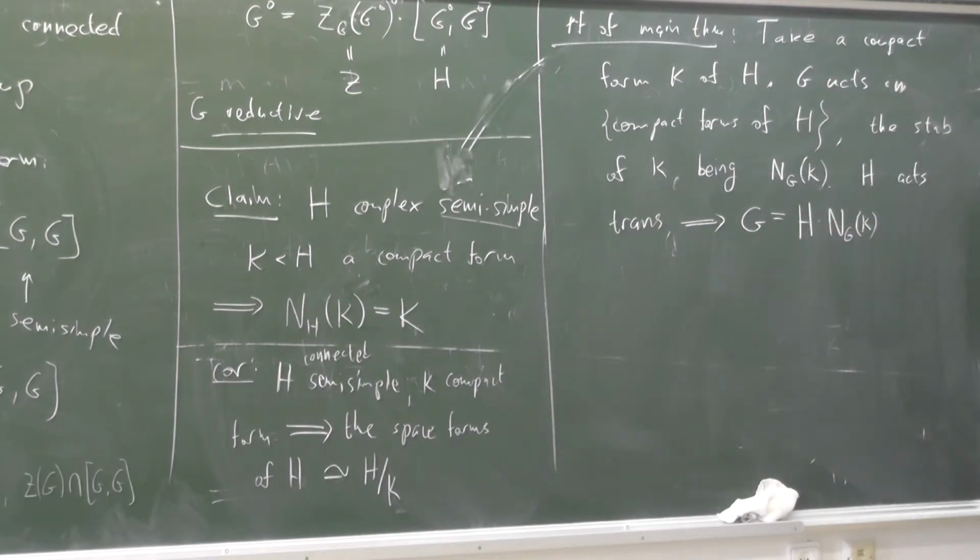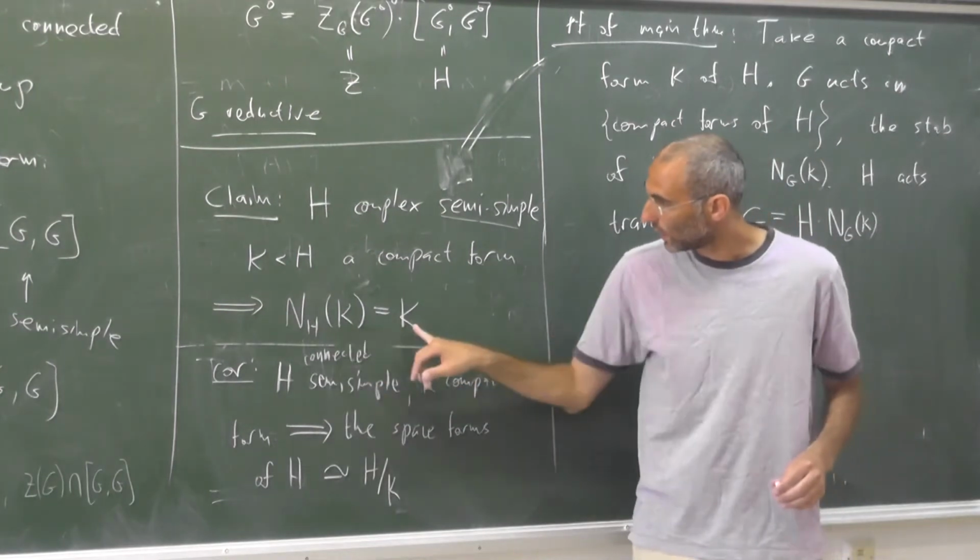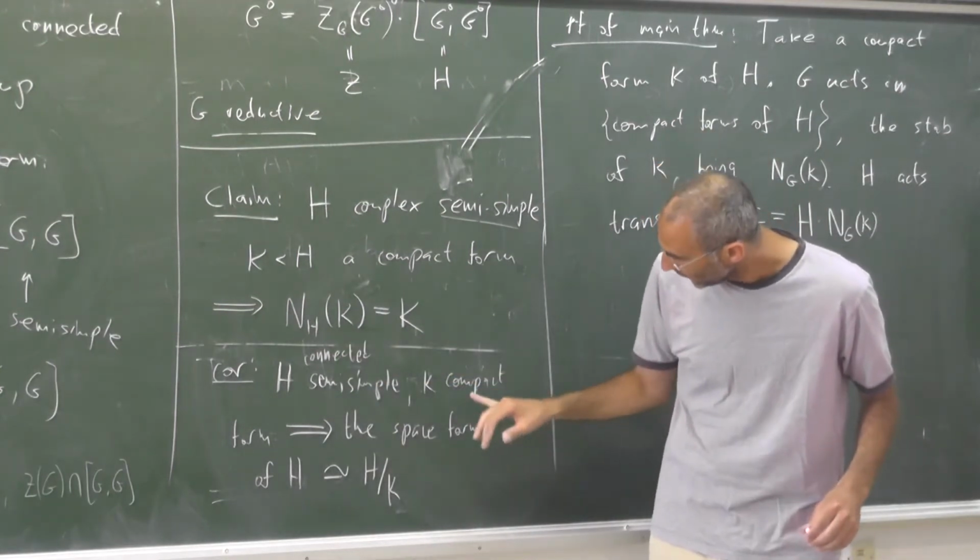So you had to have that claim for that? I use the fact... No, here I didn't use the fact that the normalizer of K... Sorry, I did.